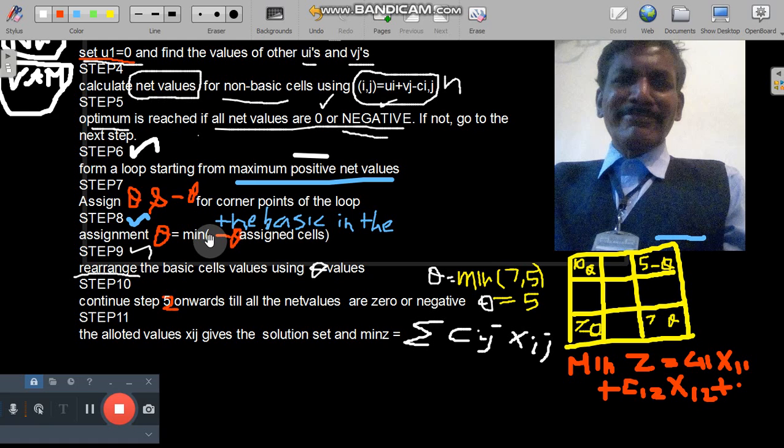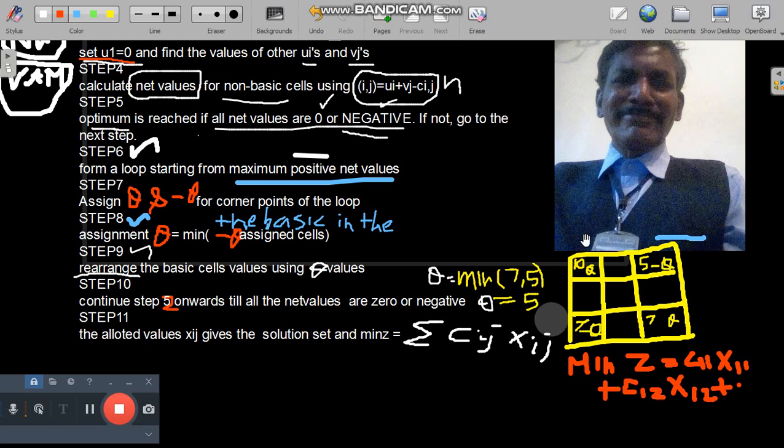Among them, what is the minimum? That is the value we substitute for theta. Then after substituting theta, we can rearrange the basic values. That rearrangement will give you a new solution set and the new transportation cost. Definitely this transportation cost will be less than the previous cycle.